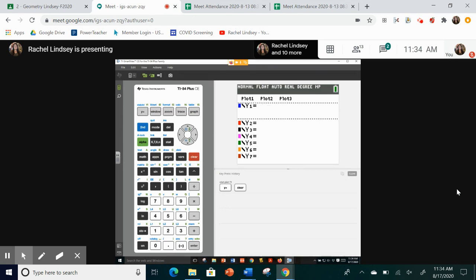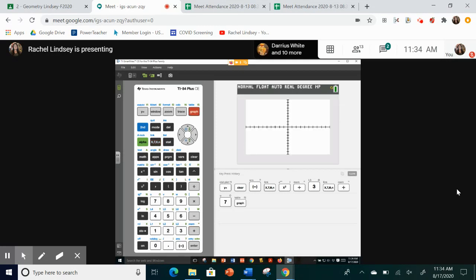And you will type in your equation, so negative x squared plus 3x plus 7. And then you'll hit graph, and it'll go into the graph, and it'll graph it for you so you can see what it looks like, at least.